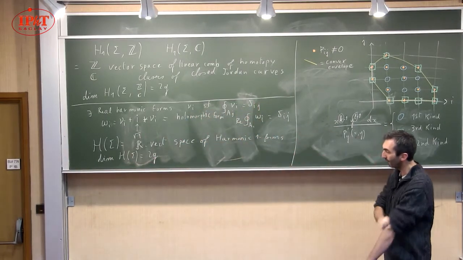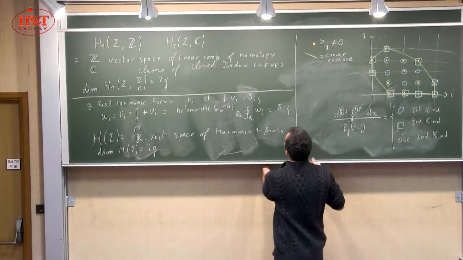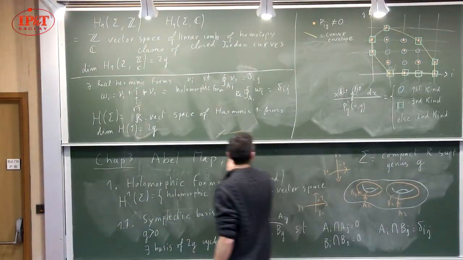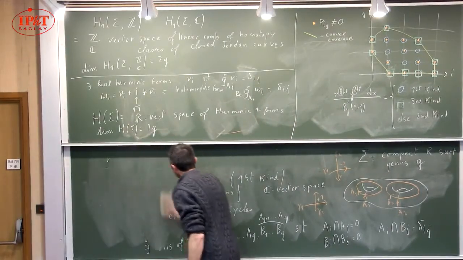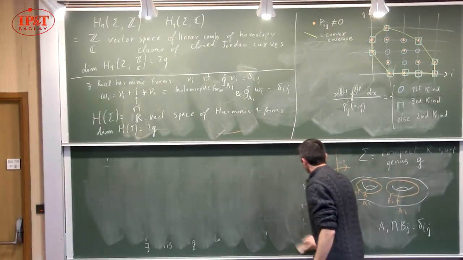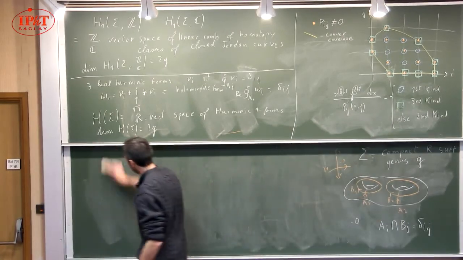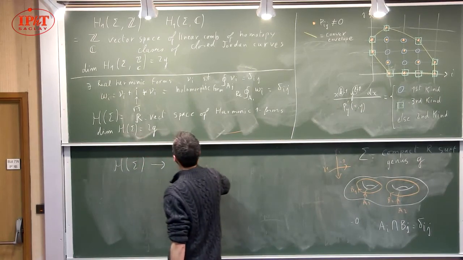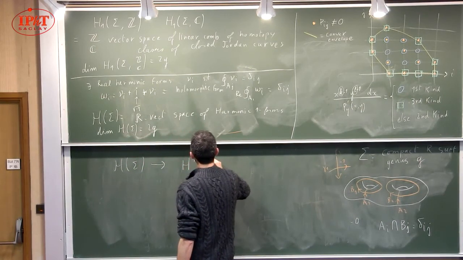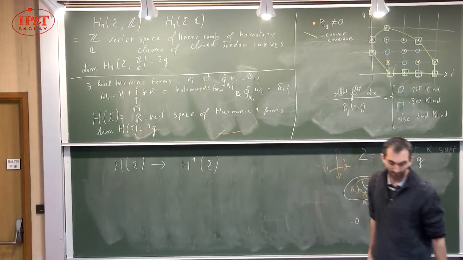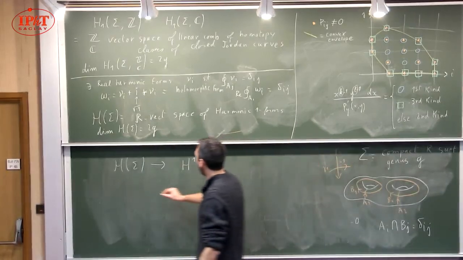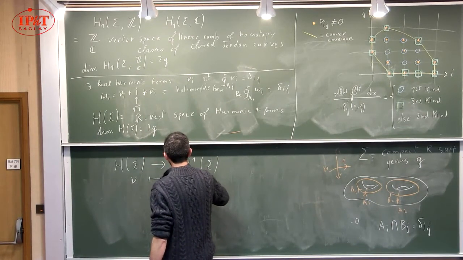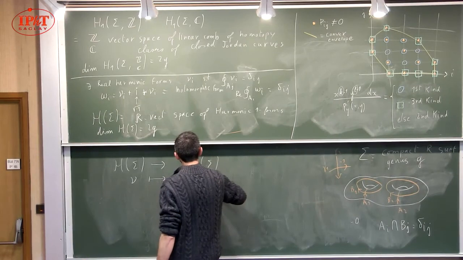We have constructed the basis, and we have a map from H of sigma to H1 of sigma, which is the space of holomorphic forms, sending mu to mu plus i star mu.